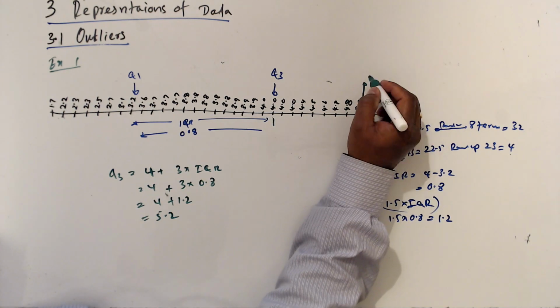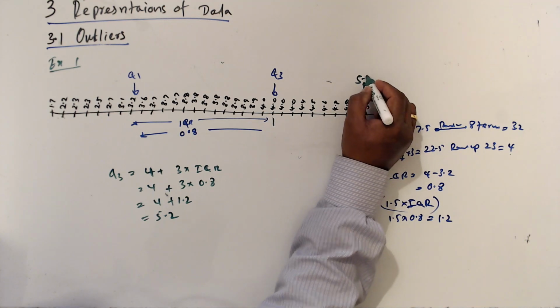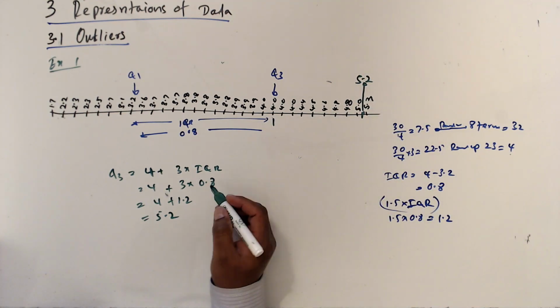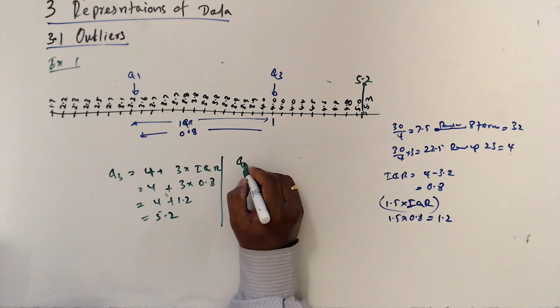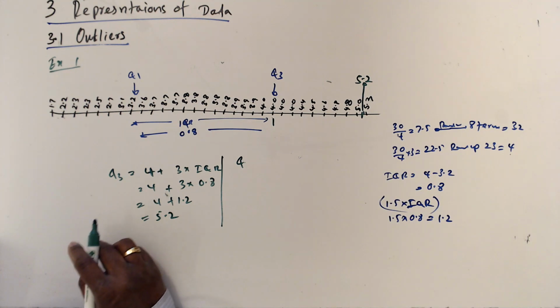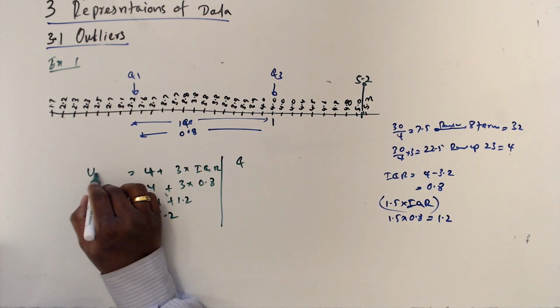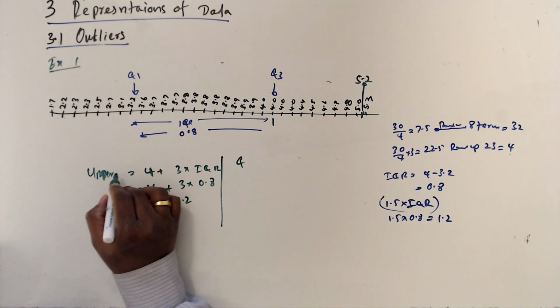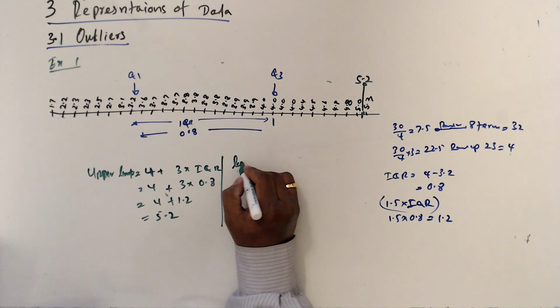This is the upper limit of the outlier, 5.2. And we can find the lower limit. Then we will find the lower limit.